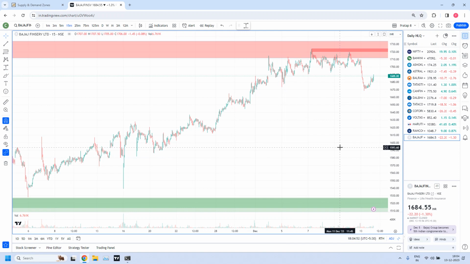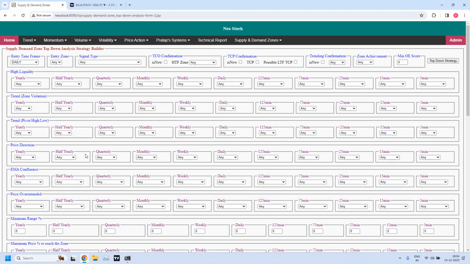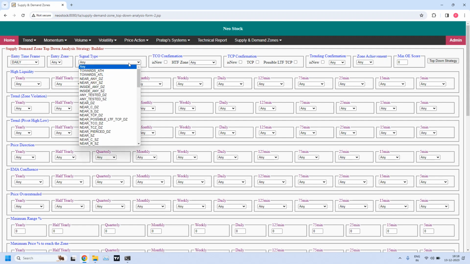Now let us generate demand and supply zones for different time frames. Let us generate demand and supply zones for the daily time frame. Entry time frame is daily. Let us find the stocks which are near the daily demand zone.